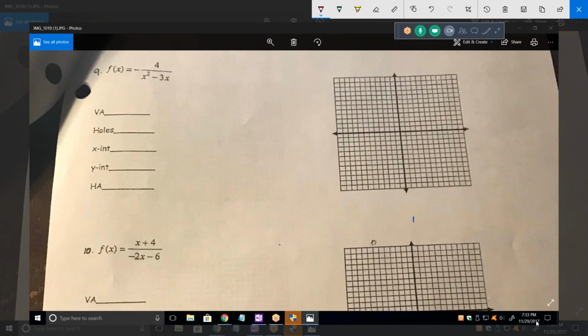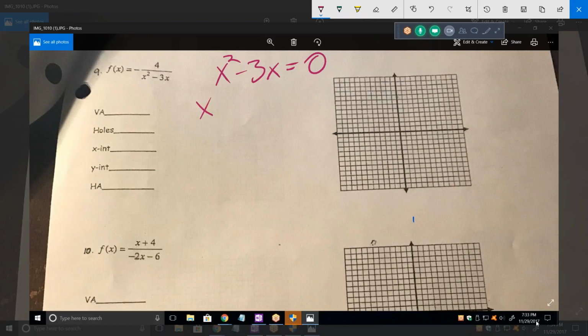So the vertical asymptote would be... Solve that equation first. All right, so you bring the 3x to the other side. No, you don't. You factor out an x.